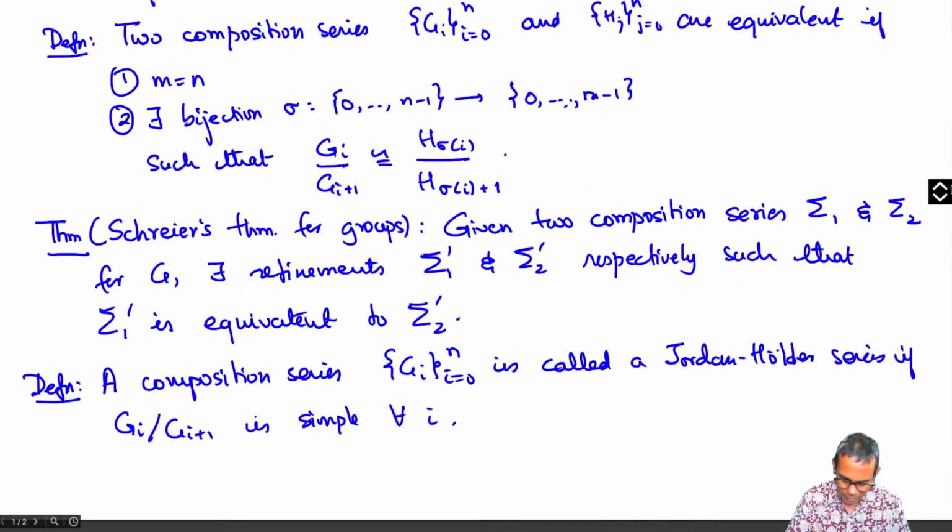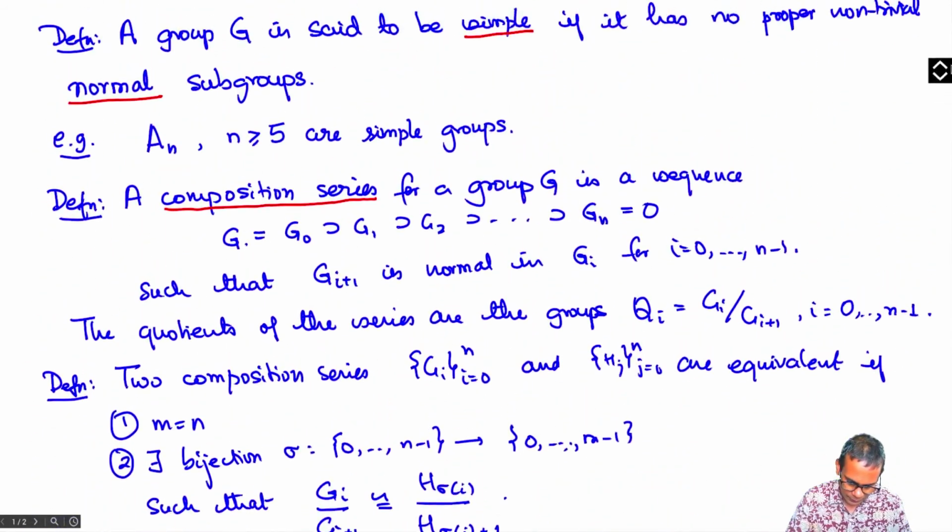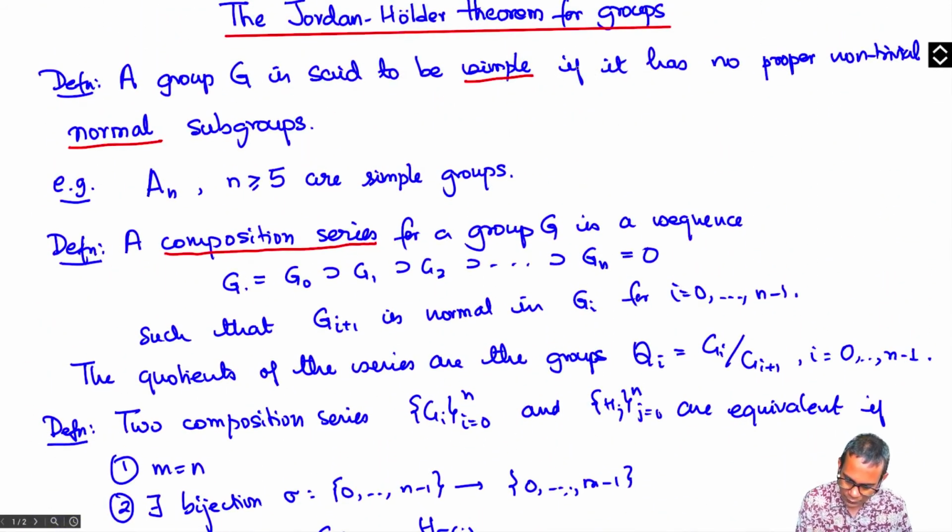Okay, so one more thing maybe I should say is that a group is simple if it is non-trivial and it has no proper non-trivial normal subgroups.